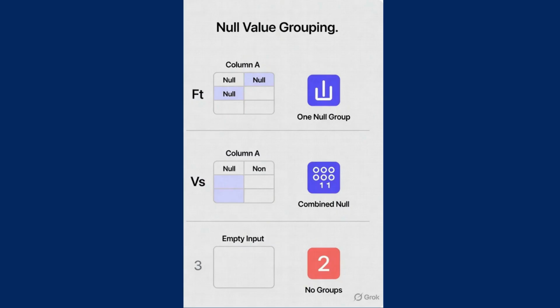Null in any key makes the whole combination null, and they all merge together. Third case, completely empty input. 0 rows go in, so you get 0 groups. No null group, no nothing. Just an empty result. These rules are super consistent, but they surprise people. Remember, nulls always collect into one group when grouping, and empty input means no output rows at all. Nail this, and your group by logic stays rock solid.